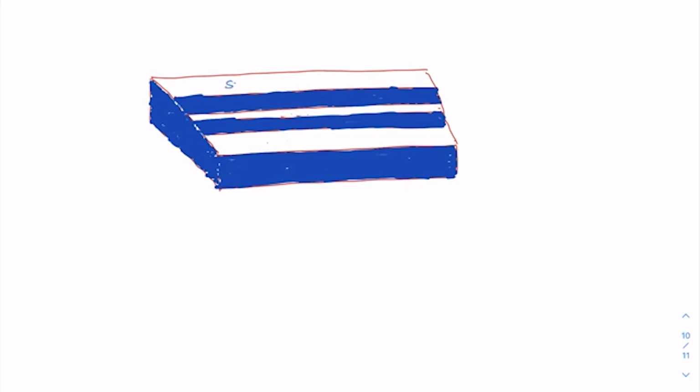So this is a superconductor, this, and this is another superconductor. These are the two outer conductors, and this one you see here is the inner conductor.